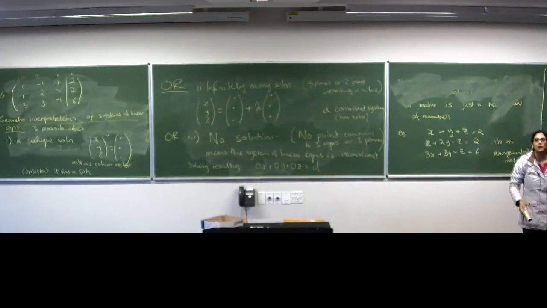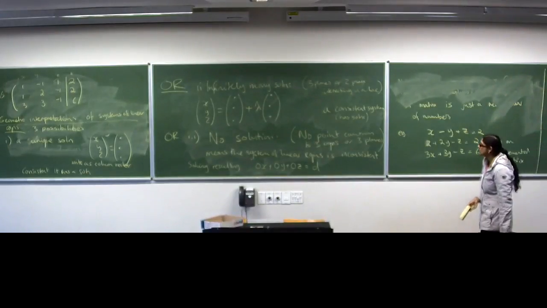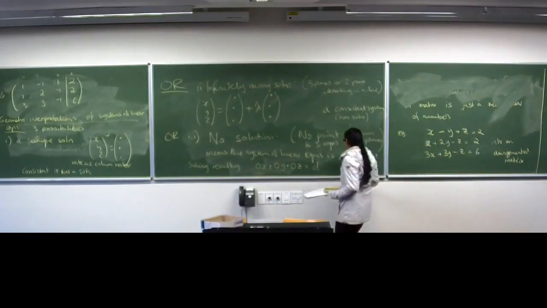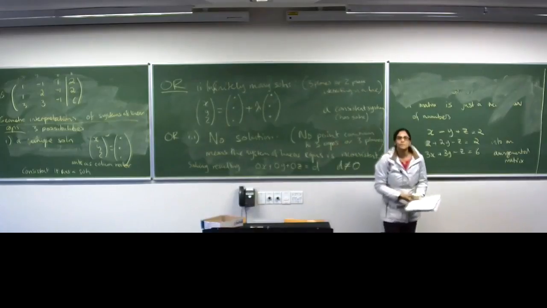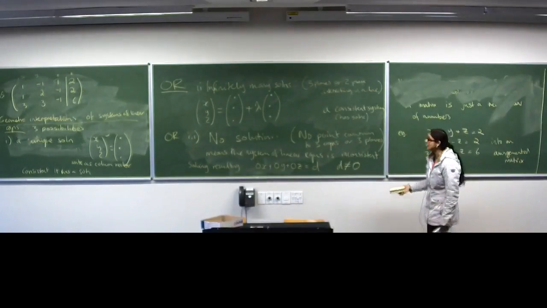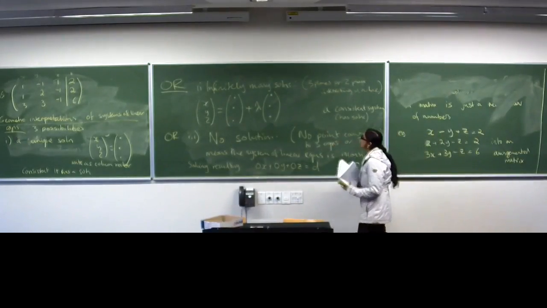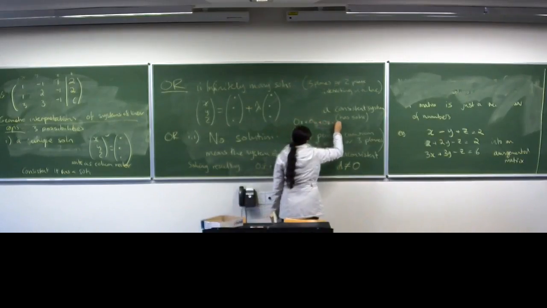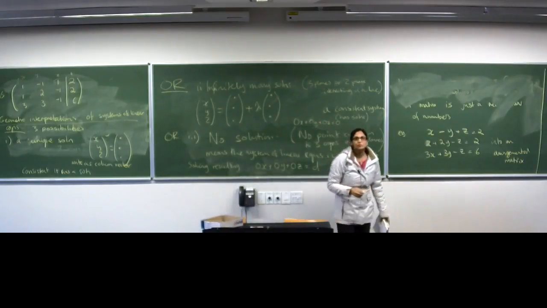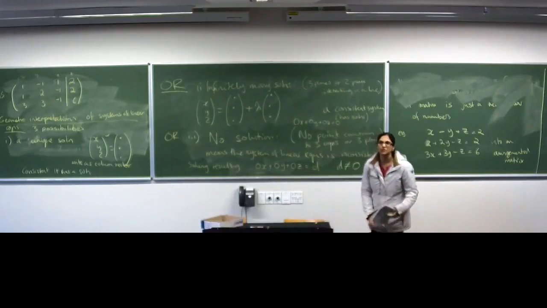Yes, sorry, d must not equal 0. D is a constant, a value not equal to 0. That's for no solution. When we're solving, if we get a row of 0x plus 0y plus 0z equal to 0, that will be infinitely many solutions.